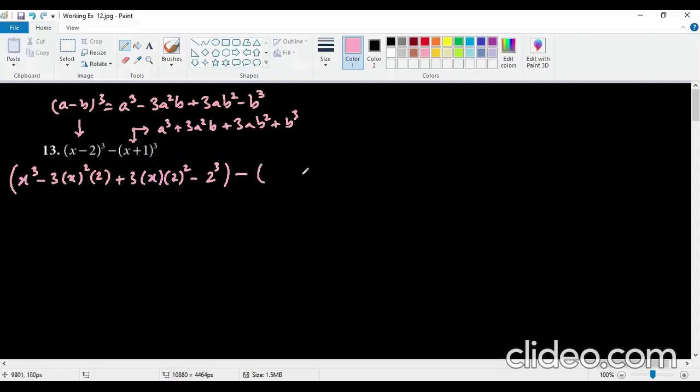And now we'll be opening the (x plus 1) whole cube formula. So the first one is going to give us x cube plus 3a square b plus 3ab square plus 1 cube. This is the second formula.